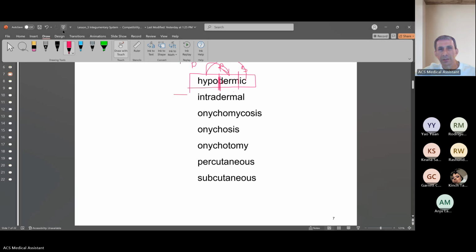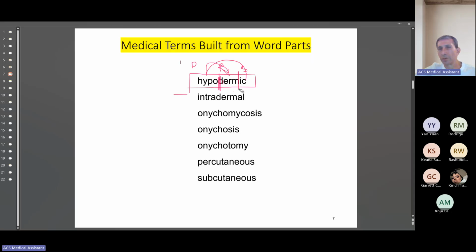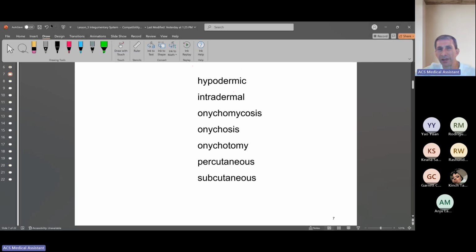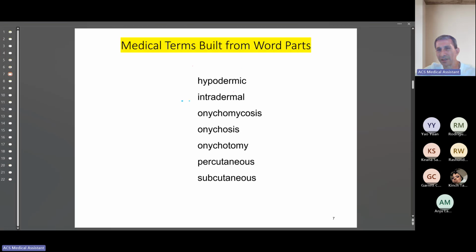See? So that's how I want you to work on this. Make sure that you break down these medical terms into their parts, so now you can identify each one of them. What is it? What does it mean? Intradermal. AL, derm, intra.